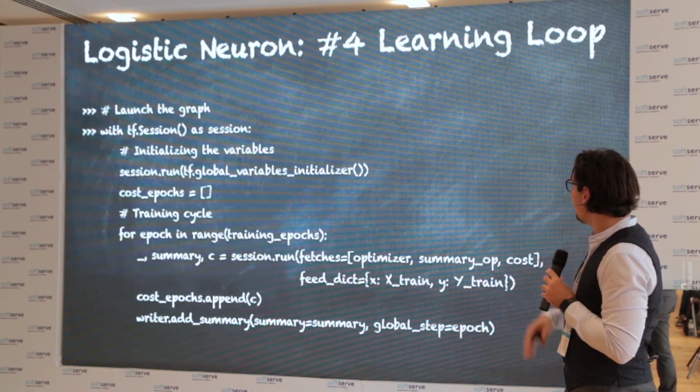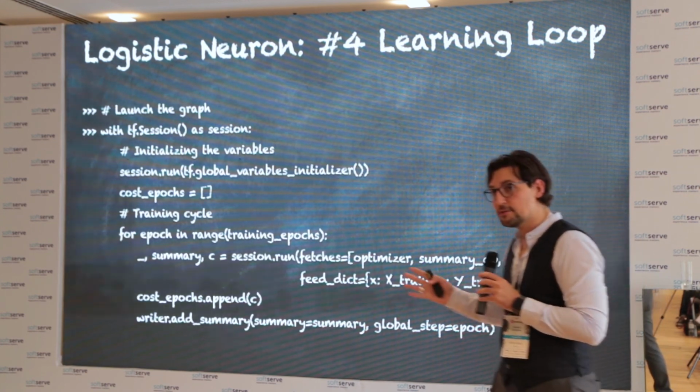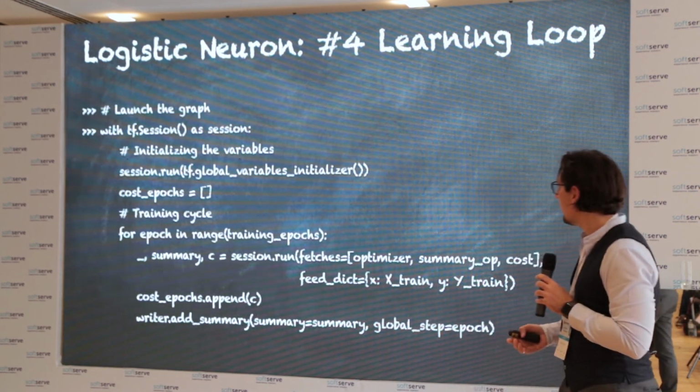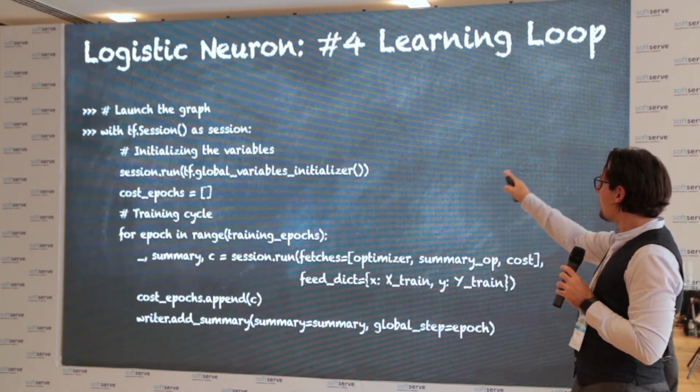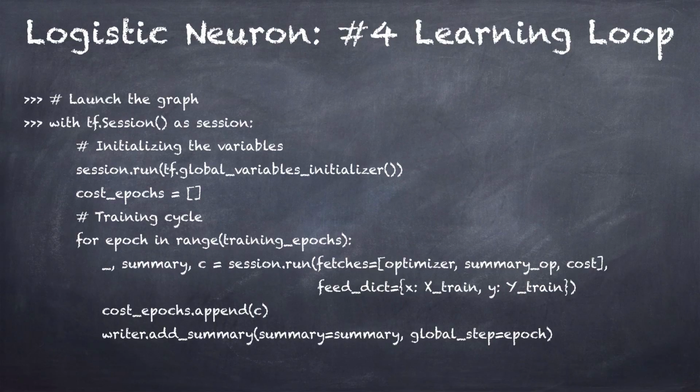All right, and the fourth and last step to do the learning in pure TensorFlow is this. We create a session, and this is where the explicit evaluation model comes into play, because we create a new session where we pass the graph we created and we feed data to this graph.